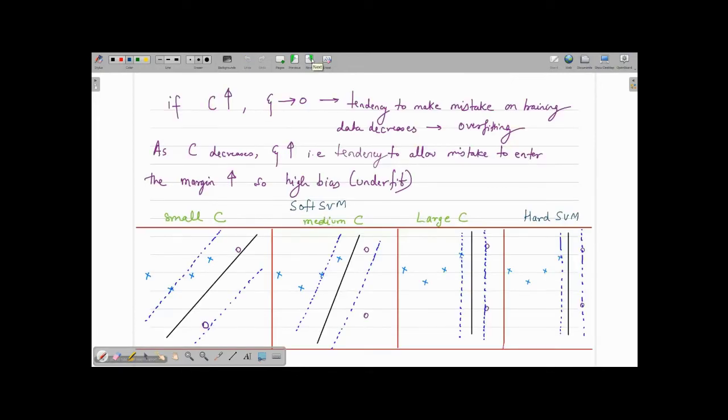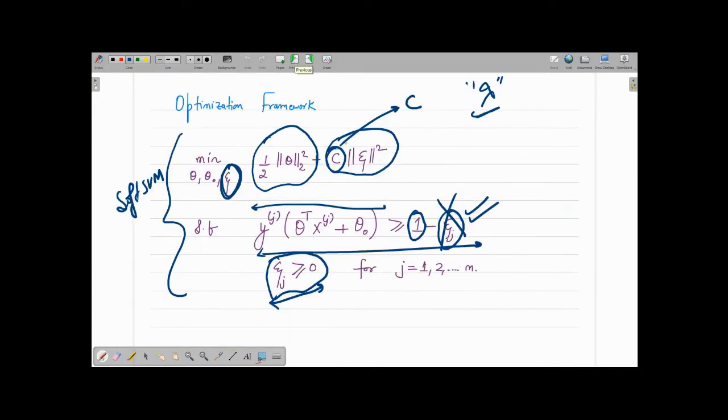Okay, so now this diagram is pretty intuitive. Here what we are doing is increasing the regularization parameter C. I told you last time in case of regularization of linear regression also, that if you increase lambda, the corresponding thetas of the separating hyperplane will get close to 0.